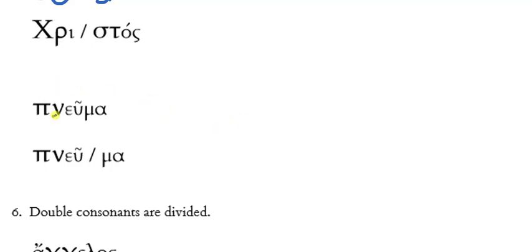And then the word for spirit is pneuma. In English, when we have a P-N sequence, we drop the P, and we just pronounce the N. In Greek, we're going to pronounce that P. So pneuma. Notice that this is a diphthong. I'm going to treat this as a single vowel. So this single consonant will go with its following, and this vowel sound goes with that consonant cluster.